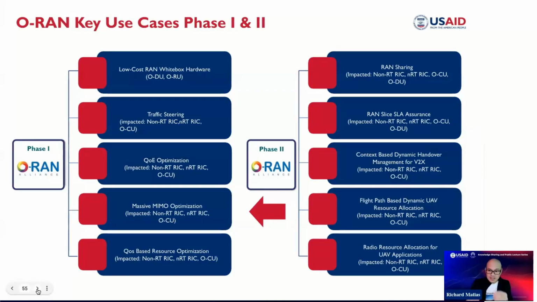And then there is also RAN slice service level assurance, and context-based dynamic handover management for V2X, or vehicle to everything. And of course, with the rise of UAVs, or unmanned aerial vehicles, also known as drones, that will be controlled by Open RAN, or radio access network, there is a flight-based dynamic resource allocation, and at the same time, a radio resource allocation for UAV applications.